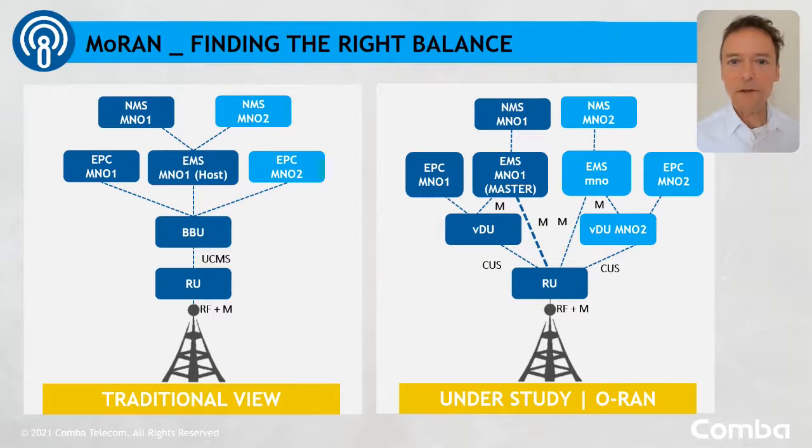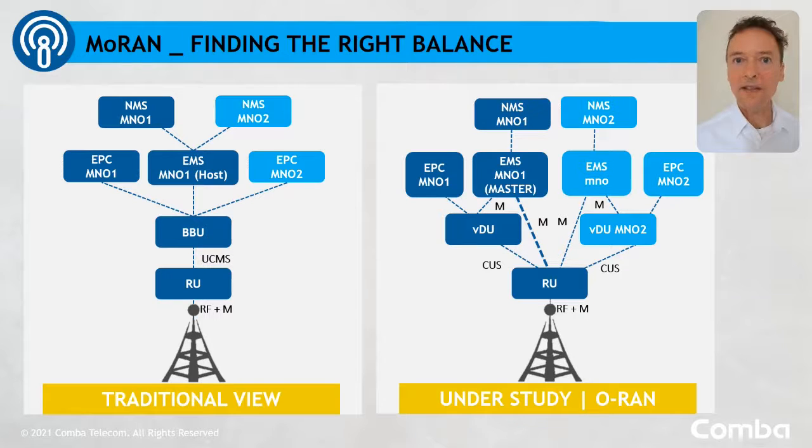How does this matter to OpenRAN then? The commercial model for how to operate a shared MORAN network gave some imprints on technology as well. As we can see on the left-hand side, all site specifics are owned and controlled by one master, whereas the other sharing party simply receives a service from this.